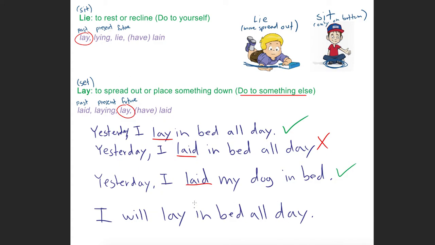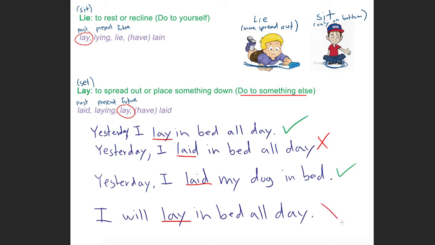You're talking about in the future you're going to lay in bed all day, because the future tense of lie is lay. So lie is lie, right? You can say I will lie in bed all day, but you can't say I will lay in bed all day, because when you're talking about the future tense, you're talking about this type of lay, doing something else. So this is incorrect.